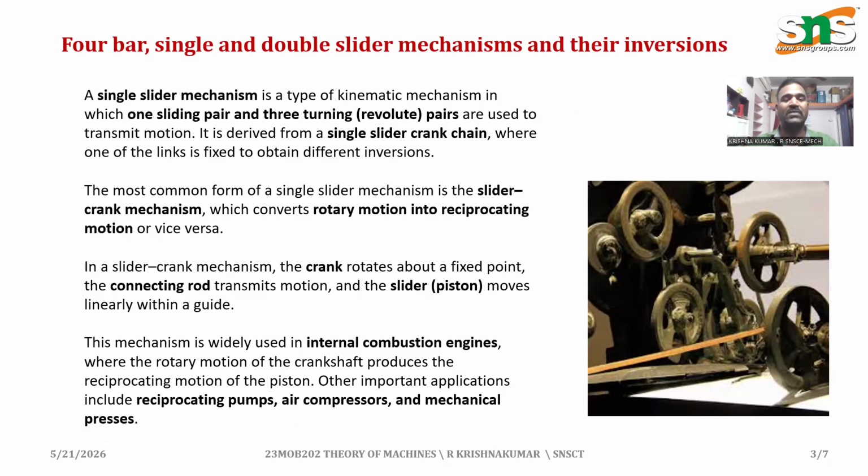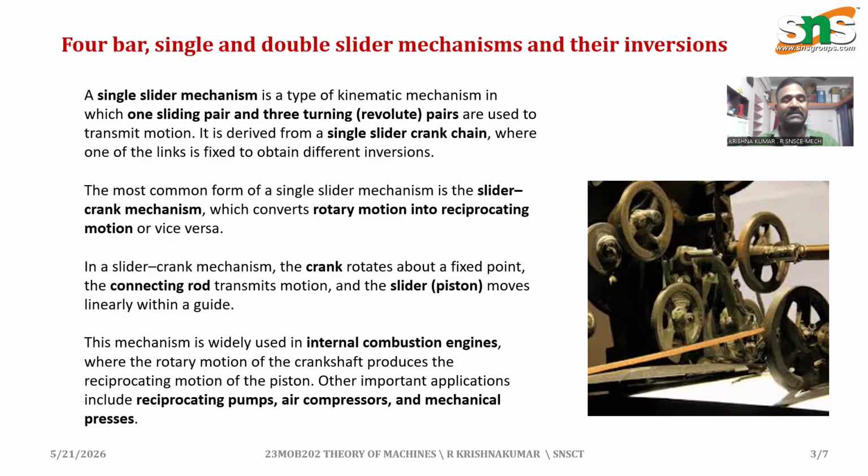The most common form of the single slider mechanism is the slider crank mechanism, which converts rotary motion into reciprocating motion or vice versa. In a slider crank mechanism, the crank rotates about a fixed point, the connecting rod transmits motion, and the slider or piston moves linearly within the guide.